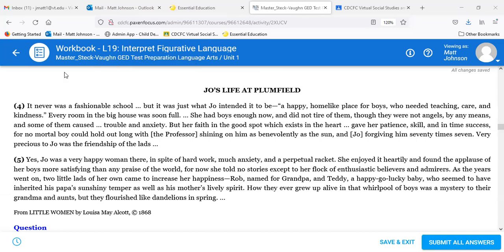But her faith in the good spot which exists in the heart gave her patience, skill, and in time success. For no mortal boy could hold out long with the professor shining on him as benevolently as the sun, and Jo forgiving him seventy times seven. Very precious to Jo was the friendship of the lads.